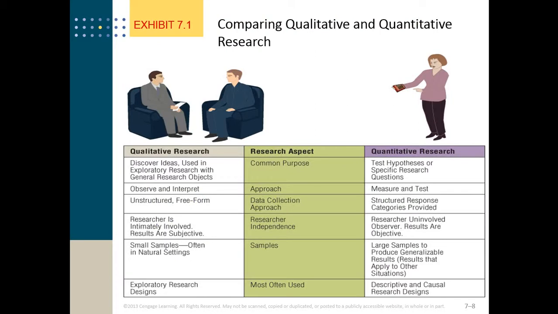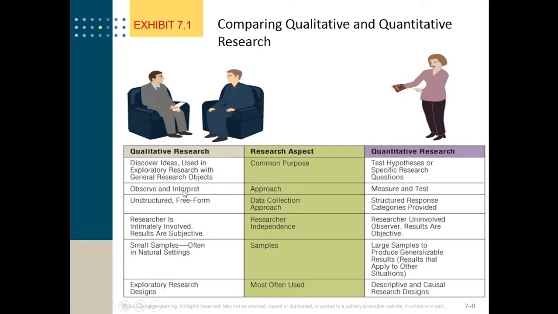Now, the differences once again. Qualitative research discovers ideas. That means, as I mentioned, when you are exploring a new research issue, you will go for qualitative research. On the other hand, quantitative research tests hypotheses. So here you know what the variables involved are and what the prospective hypotheses you are testing are.